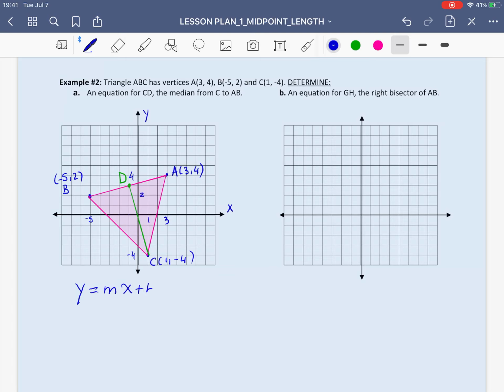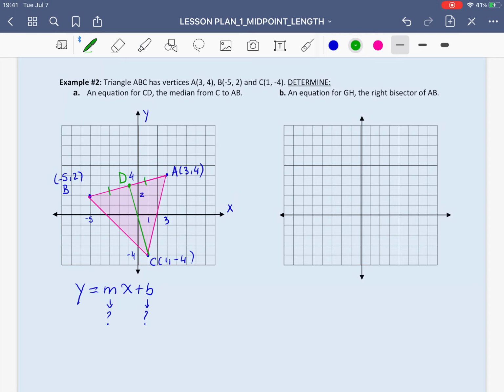The equation of any line is y equals mx plus b. So in order to find the equation, we're going to need to figure out what this number is here and what this number here is, right? Like the constant. So we are going to get started with the slope. To find the slope of CD, we're going to need to know the coordinates of D. What we know about D is that it must be the midpoint of the line AB, or side AB.